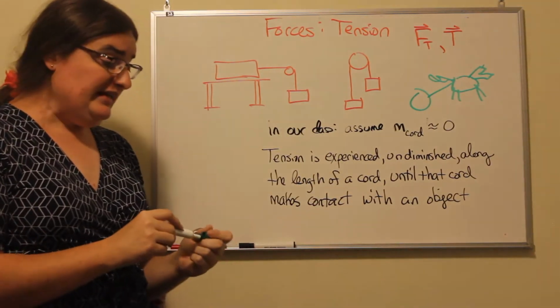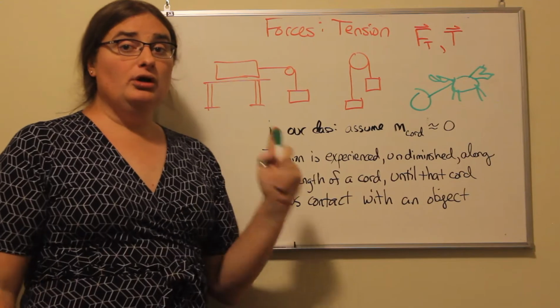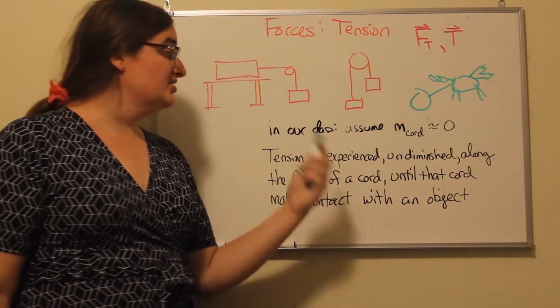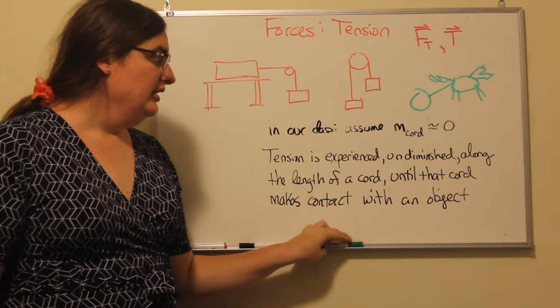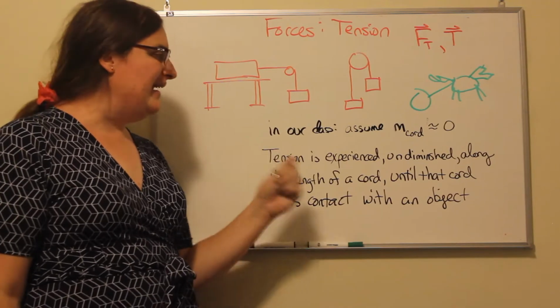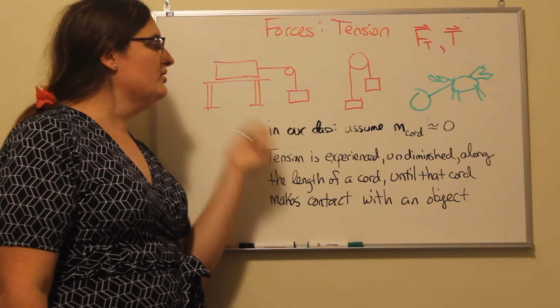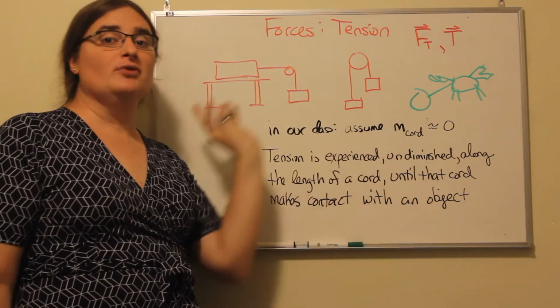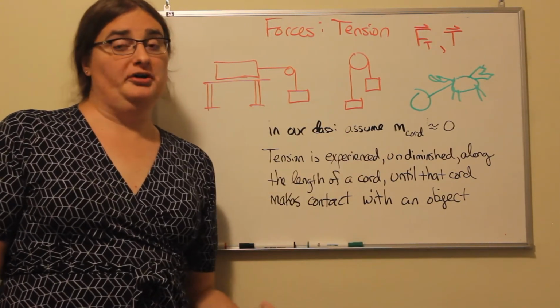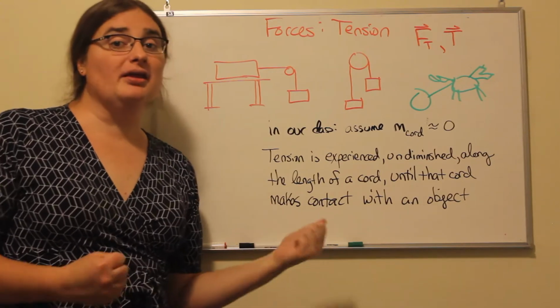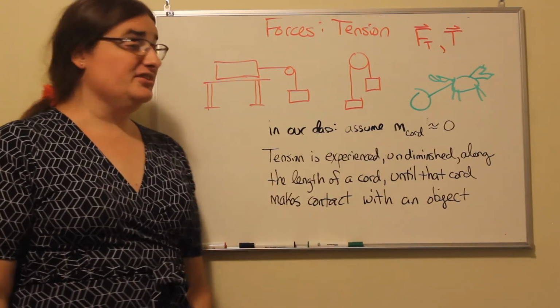So, in our class, we're going to make some assumptions about the cords that we use. And we're going to assume that the mass of the cord is negligible compared to the mass of the objects on either end of that cord. Now, sometimes that can be a really good assumption.